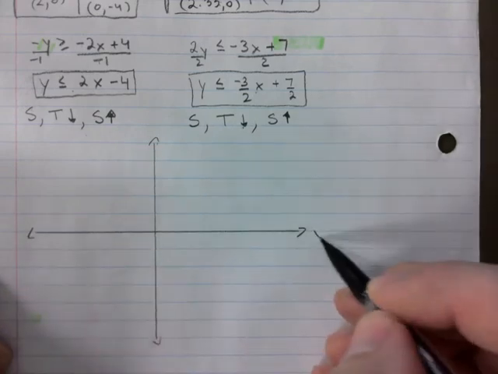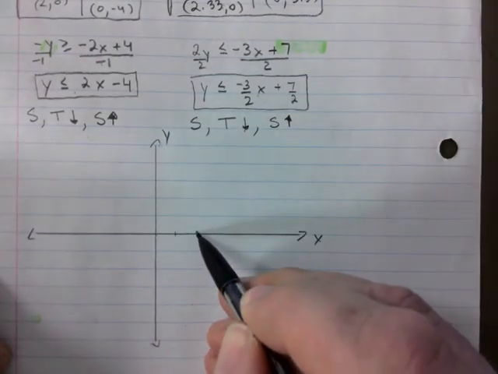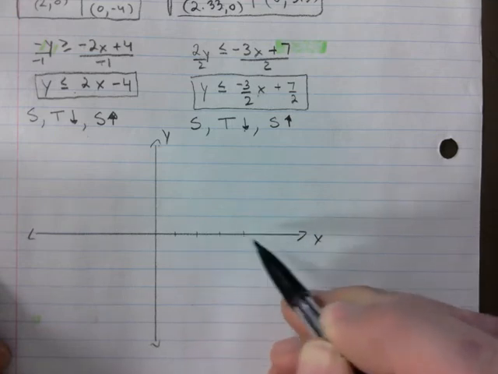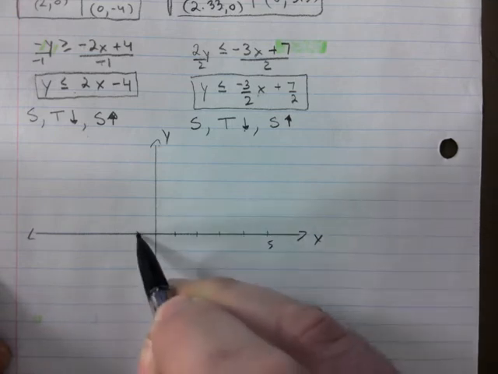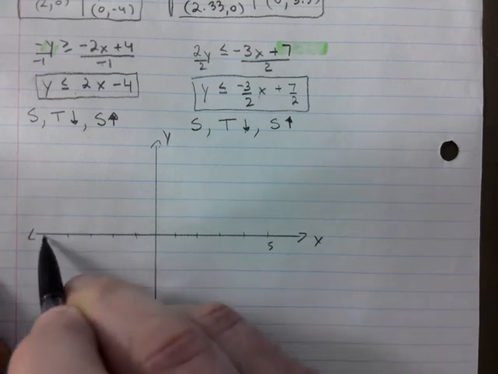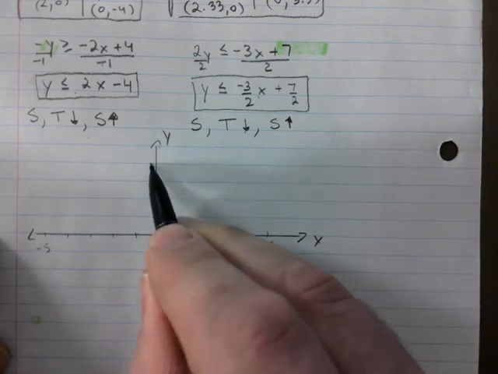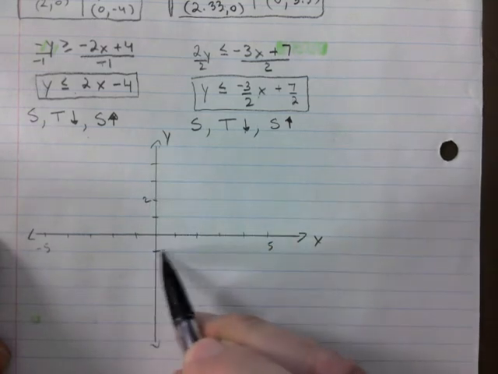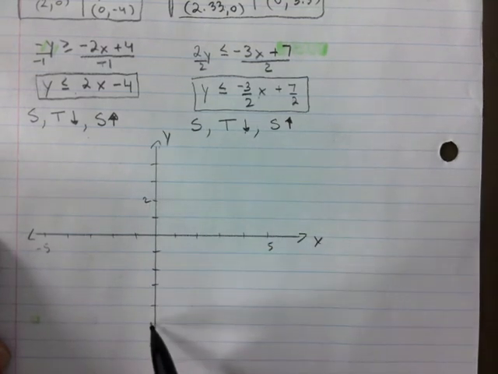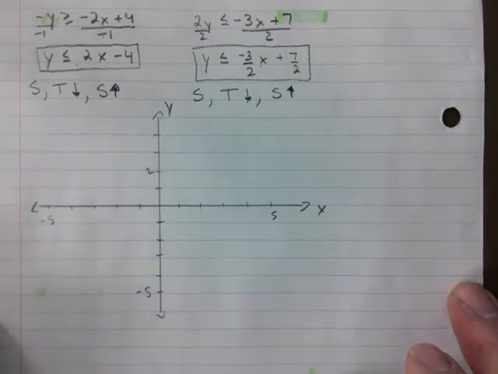So right, X and Y is there. 1, 2, 3, 4, 5. 1, 2, 4, 5. 1, 2, 3, 4. I'm just going to label that one. 1, 4, 5. This is -5 down here. All good.